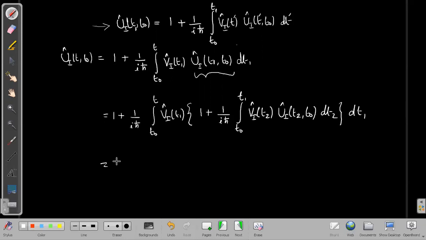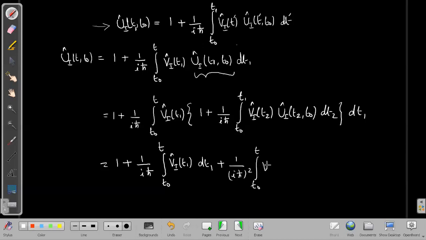So this I can write as 1 plus 1 by iħ, the first term would be the integral t0 to t of VI(t1) dt1, plus 1 by (iħ) squared times the integral t0 to t of VI(t1), then the integral t0 to t1 of VI(t2) UI(t2, t0) dt2 dt1.